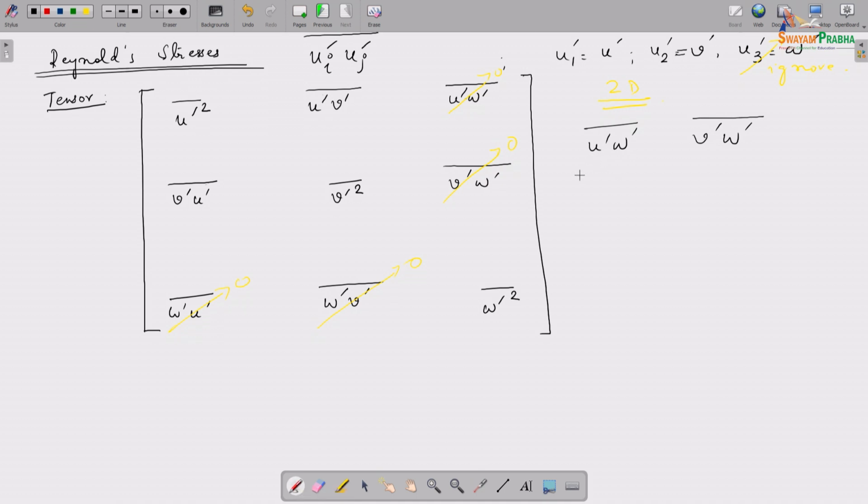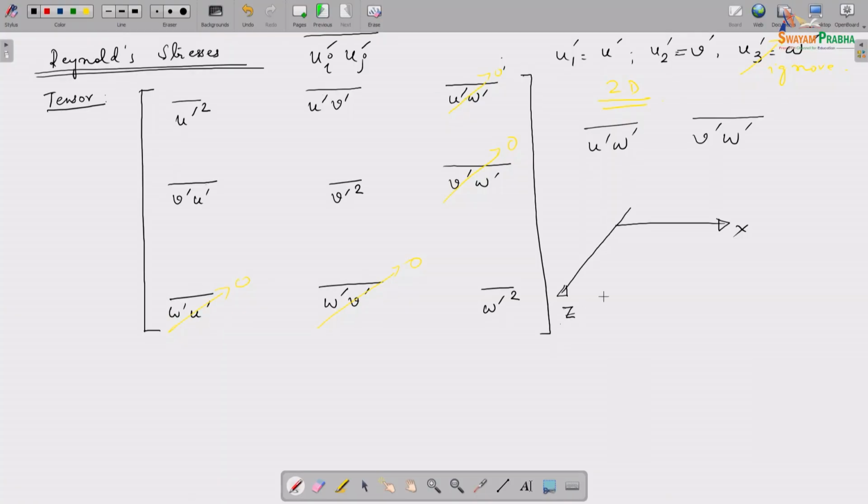So this is circumferential symmetry. Okay, how to explain that? So U'W' and V'W'. In the sense that you have the U component, say somewhere in this direction.